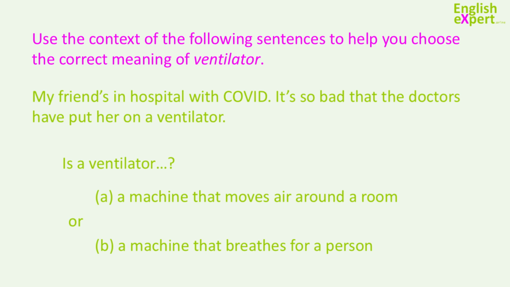It's so bad that the doctors have put her on a ventilator. Is a ventilator A, a machine that moves air around a room, or B, a machine that breathes for a person?